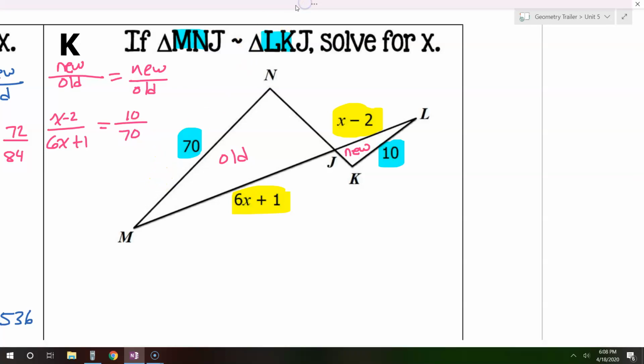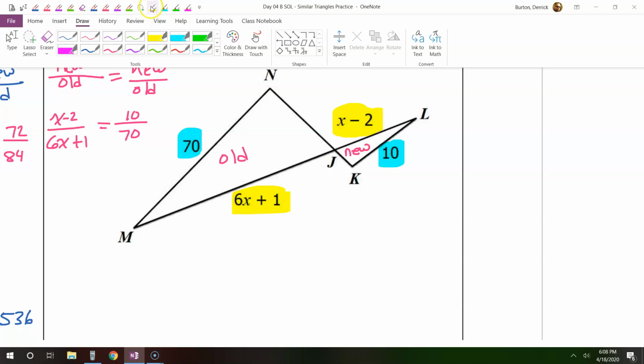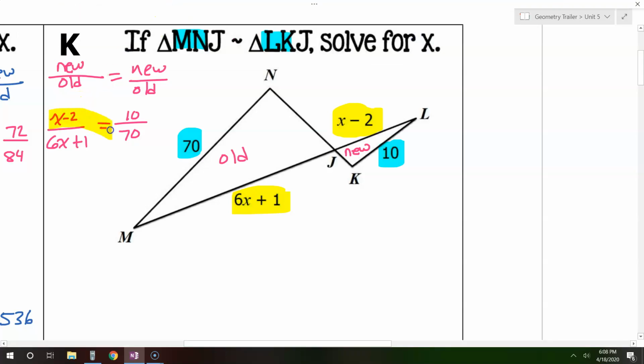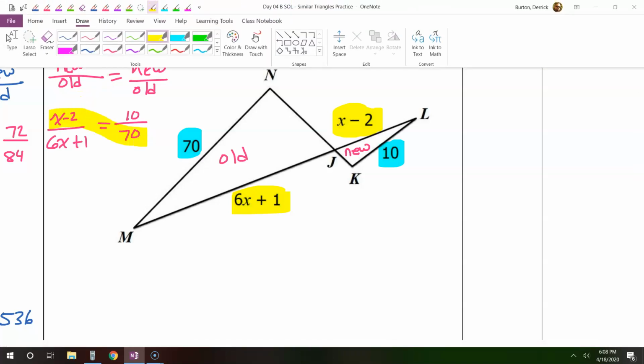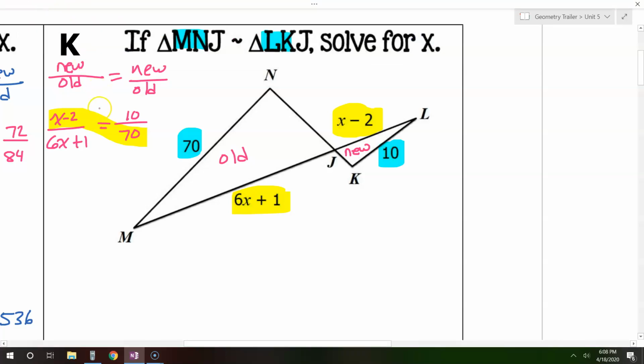So it is time to cross multiply. Look at this diagonal. And don't forget that we need to do the distributive property. So I'm going to take this 70 and I'm going to multiply it by both of these. So that's going to give me 70x minus 140.